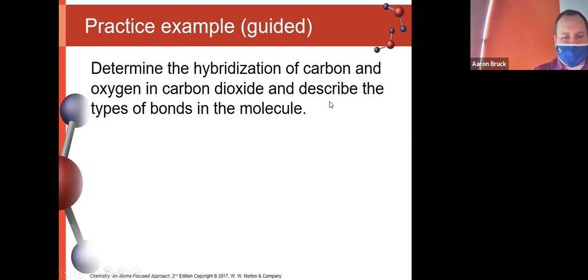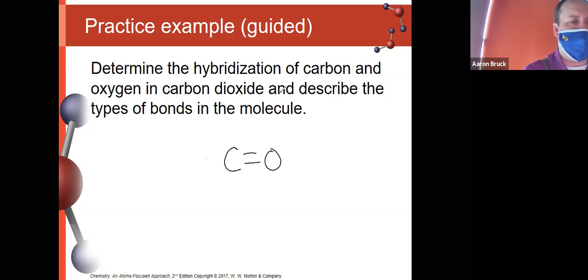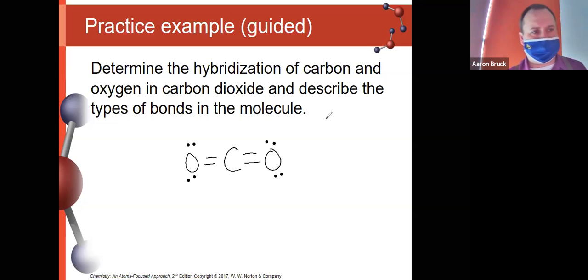So since we brought up the subject, let's draw it out a little bit more firmly. Our Lewis structure for carbon dioxide looks as follows.